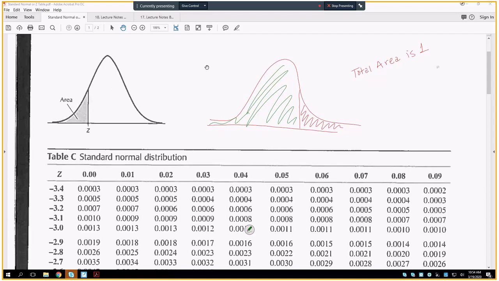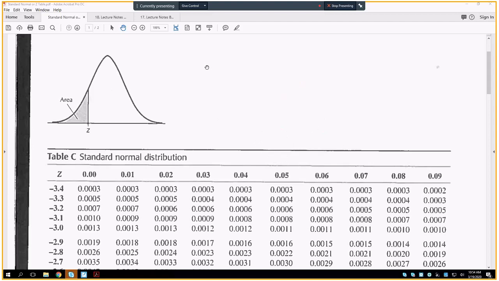So it would be 1 minus area on the left is area on the right. So this one table is going to meet all of our needs for talking about normal distributions.